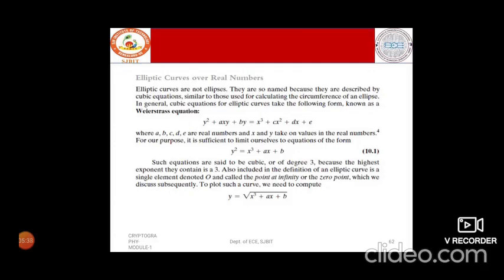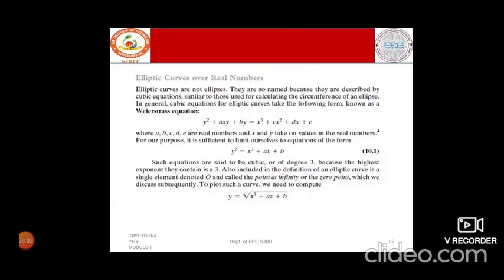To plot such a curve, we need to compute y is equal to the square root of x cubed plus ax plus b. So for given values of a and b, the plot consists of positive and negative values of y for each value of x. Thus each curve is symmetric about y equals 0. Here the figure shows two examples of elliptic curves.